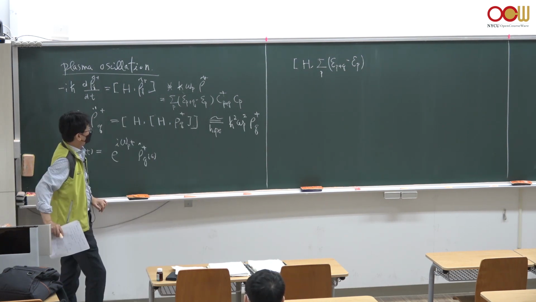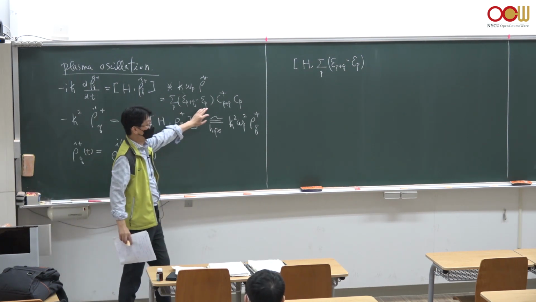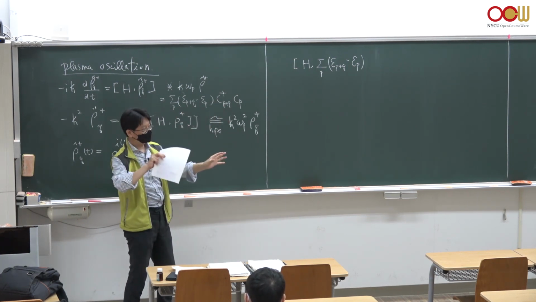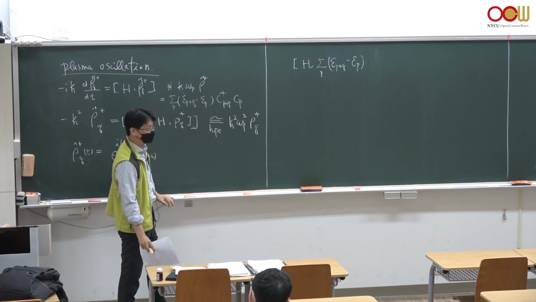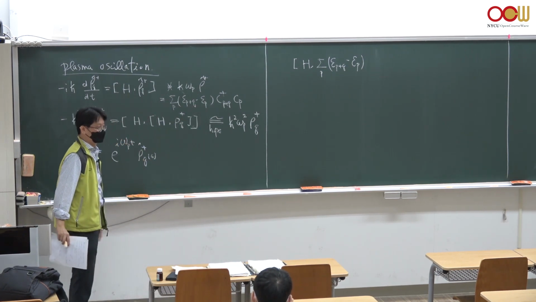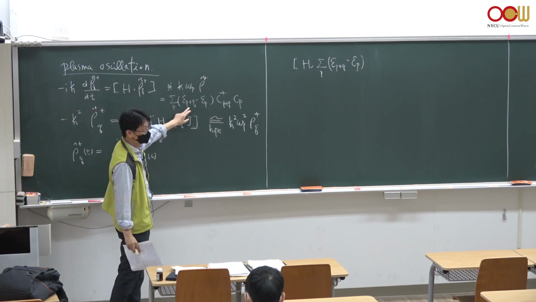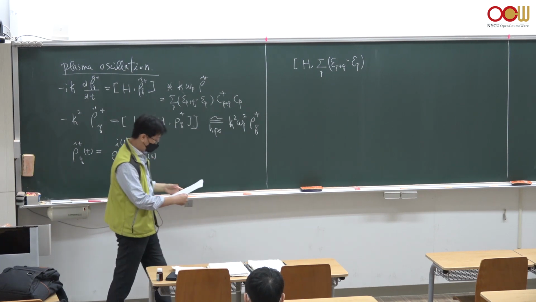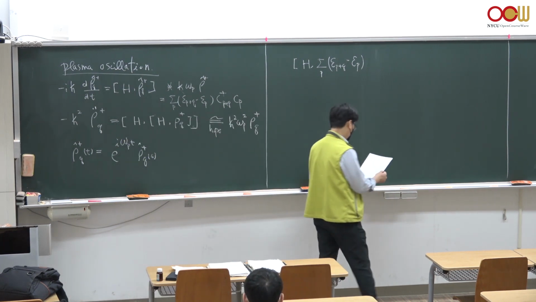Remember that. There are no contributions from this potential term, because when we sum over p, all these different terms cancel exactly. So you end up with only this term contributing from the kinetic energy part. But the double commutator involves both the kinetic term and the potential energy term.